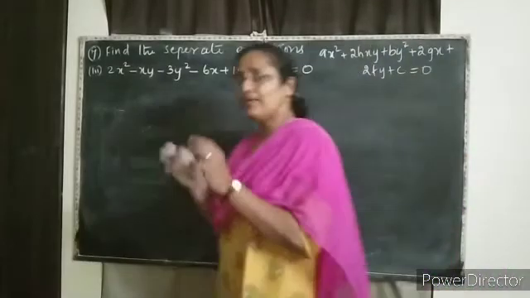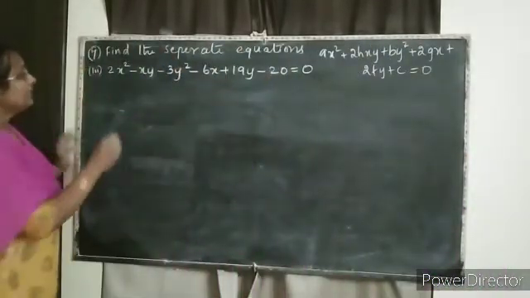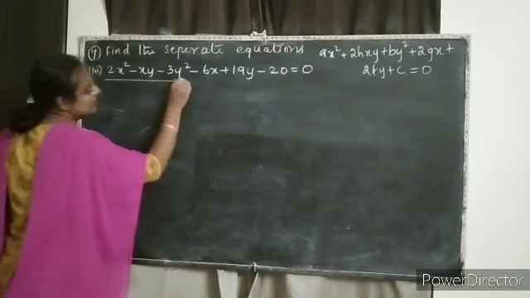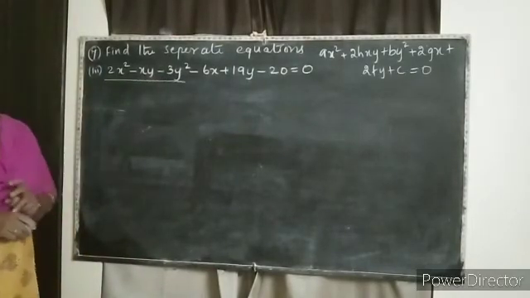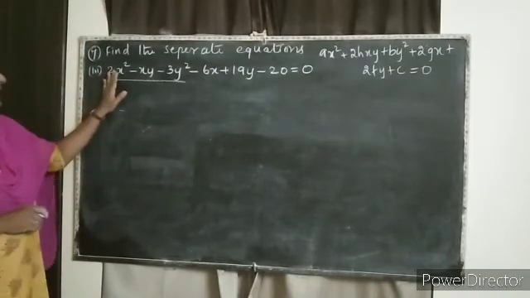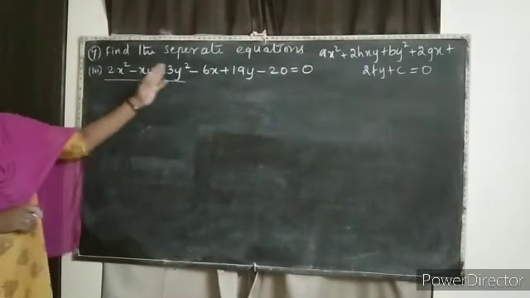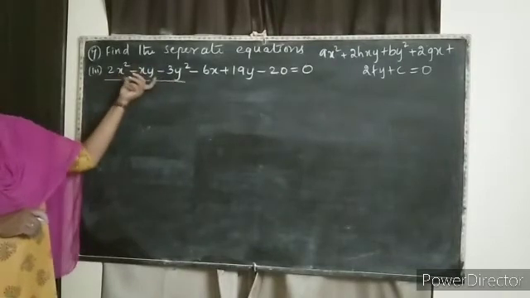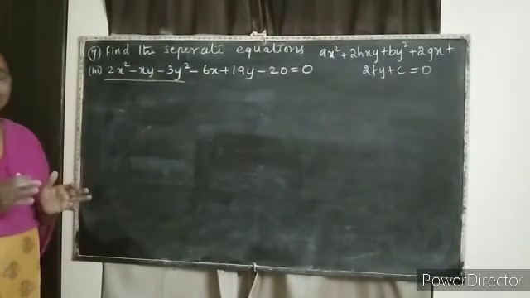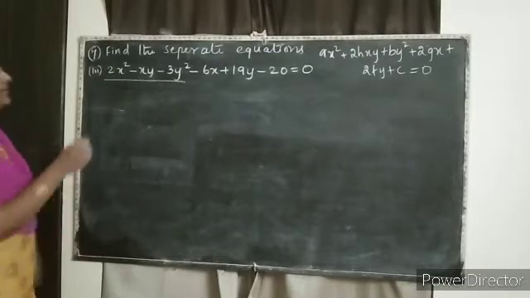Okay. Now what we are going to do is, here we are going to consider only these three terms alone, as we planned for the first and the second subdivisions, isn't it? We had only the x squared term, xy term and the y squared term. So in the same way, we are going to consider only these three terms, and we are going to segregate this using simple factorization.